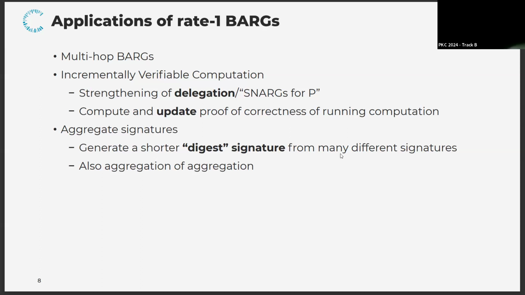And in the IVC setting, the client wants to be able to get constant updates from the computation. So the server must be able to say, this is my state, and this is my proof of the correctness of the state. And then also aggregate signatures.